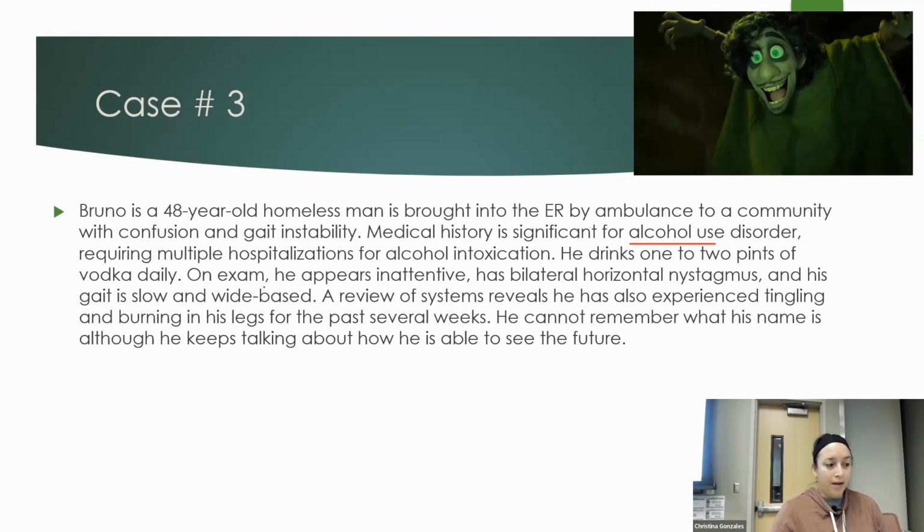He drinks a lot and he appears inattentive. He has nystagmus. And his gait is kind of slow and wide based, kind of zombie-esque. He's experiencing tingling and burning in his legs, he can't remember what his name is, but he keeps talking about how he's able to see the future. So he's kind of confused, right?